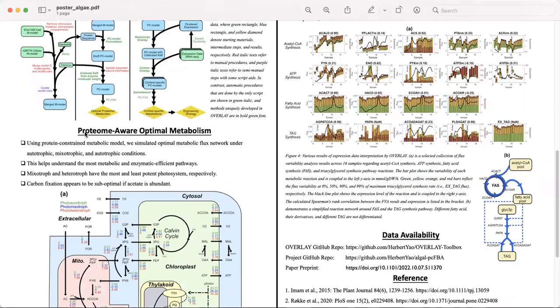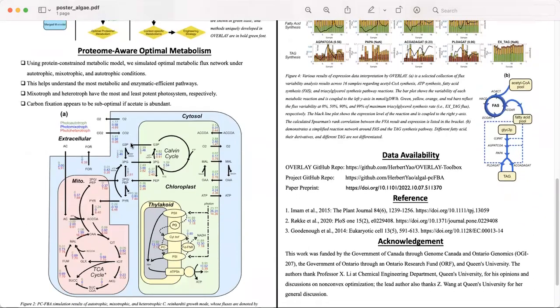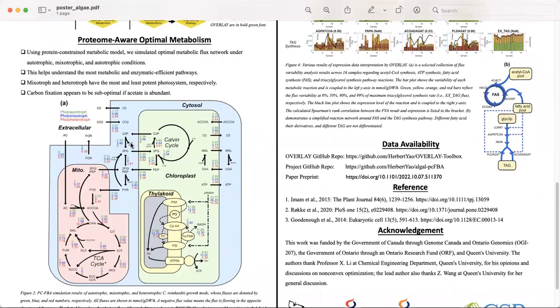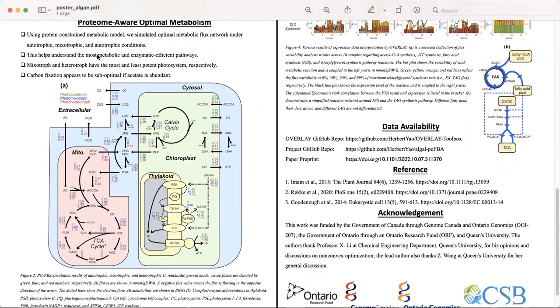So here's basically the result of what we call the protein constrained optimal metabolism. It's a diamond here. The optimal metabolism can be predicted by the M model only, but the protein constrained PC model predicts better because we account for the proteome constraint and enzymatic rate constants. So the constraint is more complete, and we can see the autotrophic, mixotrophic, and heterotrophic metabolism for Chlamydomonas reinhardtii.